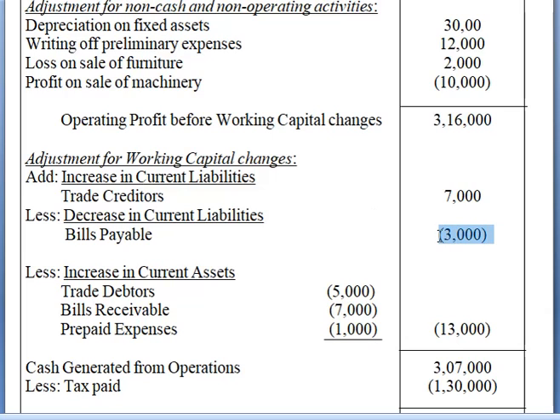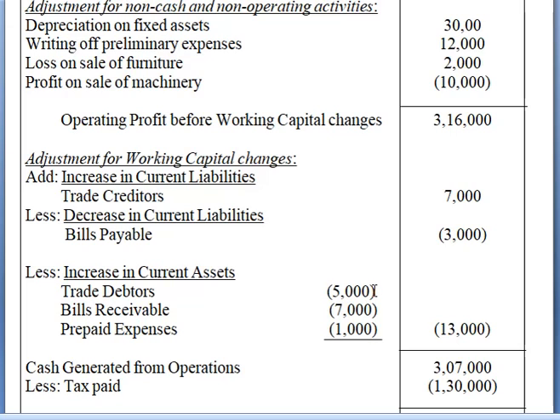And here in current assets, as you can check, trade debtors, bills receivable, and prepaid expenses are current assets, and they are increasing. Trade debtors previously were 29,000, but are now 34,000. So it is increasing by 5,000. Whenever the current assets increase, we have to do the subtraction.